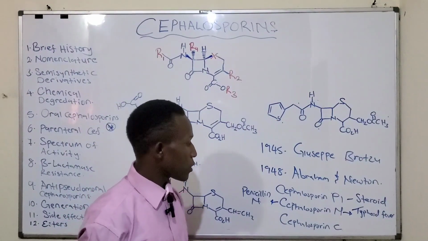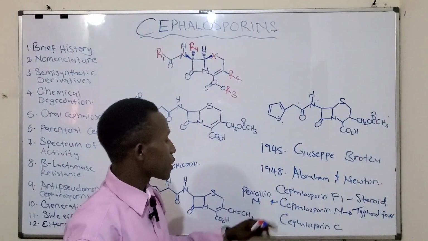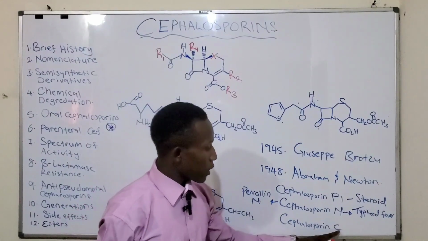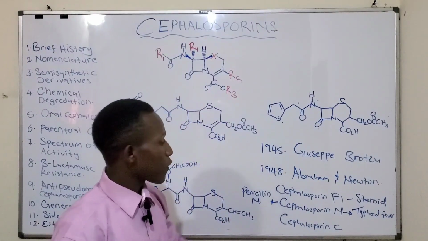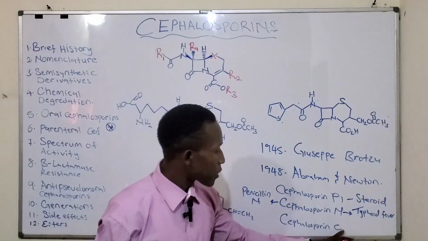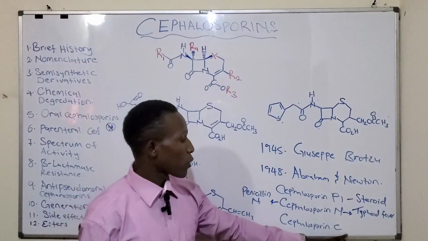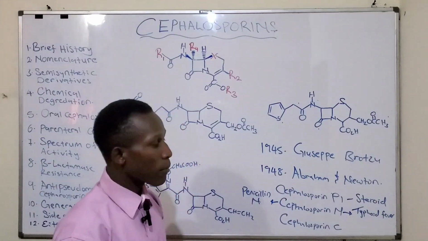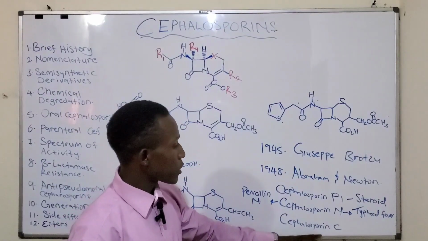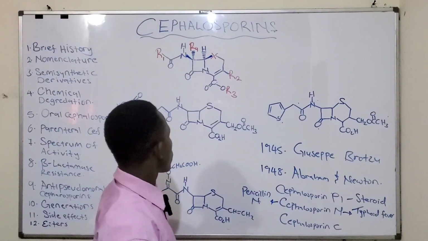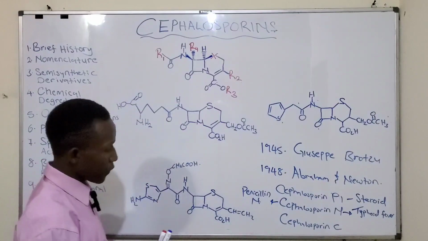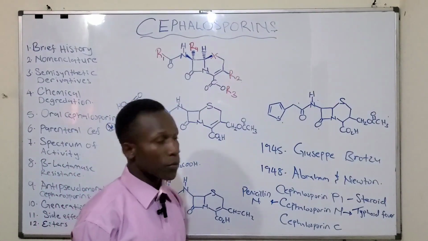Then cephalosporin C, which is a close congener to cephalosporin N, despite being active, had little potency on the bacteria. So they had to find a way to make other cephalosporins.